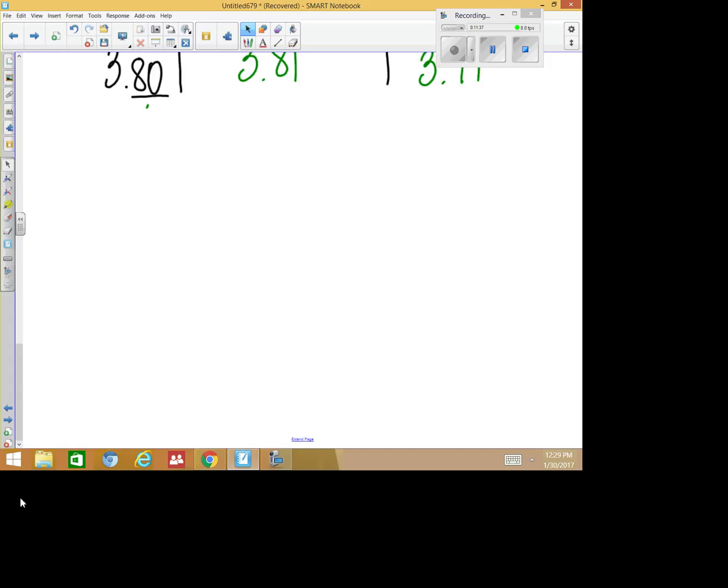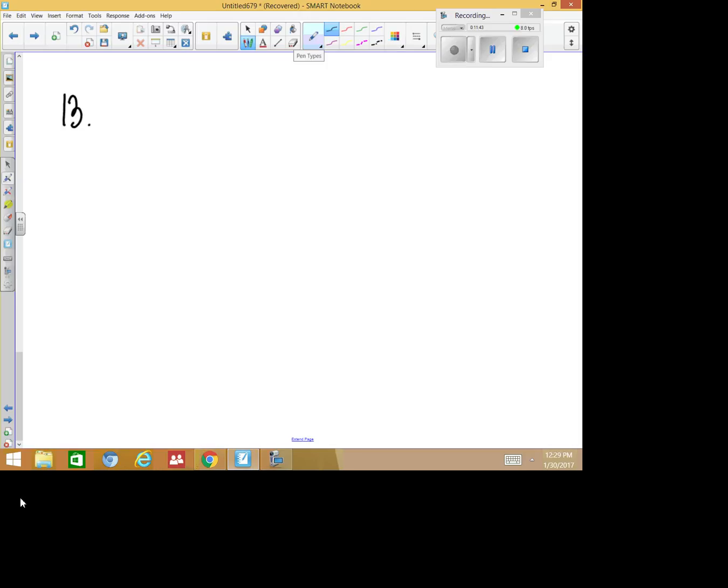Okay, let's look at 13. These are about patterns, okay? Patterns mean that if I count by 2s, 2, 4, 6, 8, 10, right? Or if I count by 3s, 3, 6, 9, 12, right? So I'm doing the same thing over and over again.